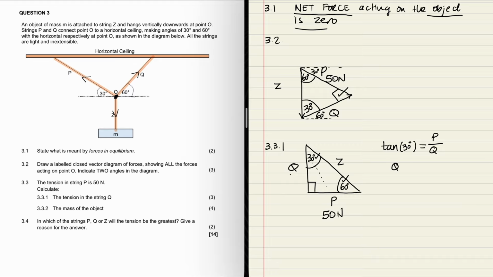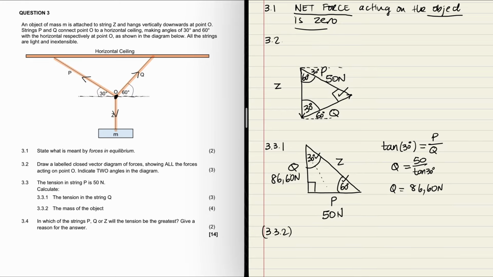I'll say Q is equal to P, which is 50, divided by tan of 30. That means Q is going to equal 86,60 newtons. Then 3.3.2.